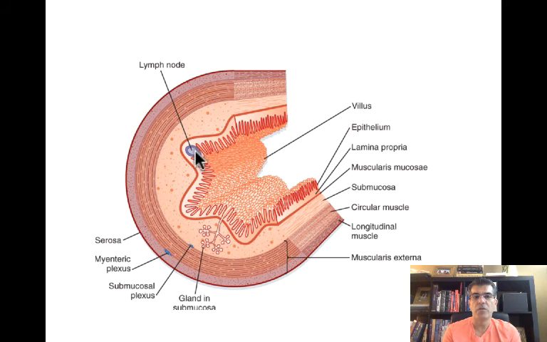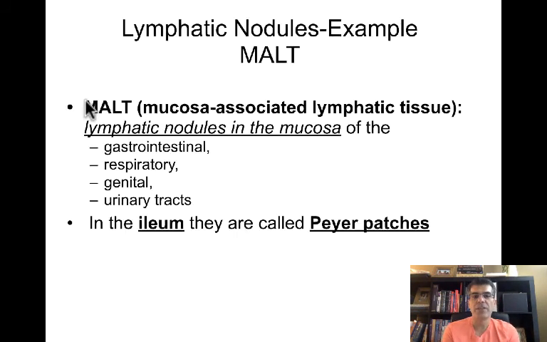The same is true in the wall of your respiratory tract. The same is true in the wall of your vagina, reproductive system, or urinary system. Therefore, we say a collection of the lymphatic tissue in the mucosa is called MALT, mucosa associated lymphatic tissue.